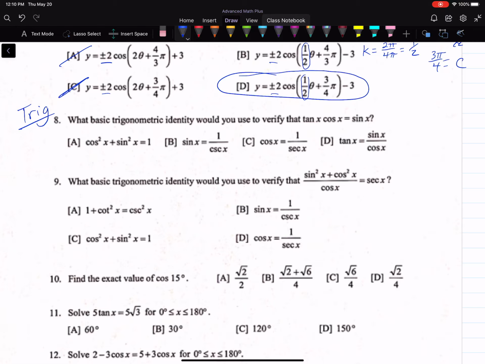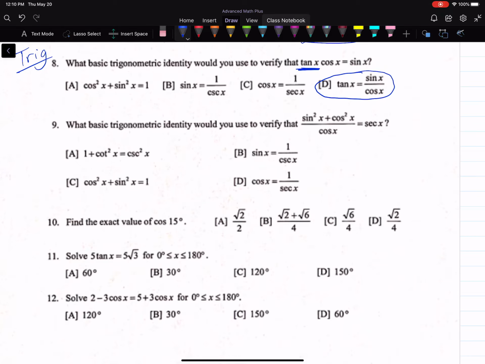We tried to change all of them to be sine or cosine. So the only one that's not sine or cosine is this tangent x right here. So I would change tangent x to sine x over cosine x. So that would be the trigonometric identity I would use there.